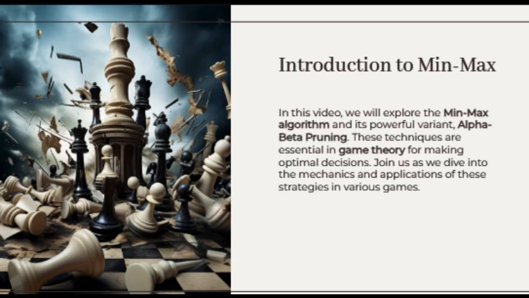So basically max nodes represent our turns, and min nodes represent the opponent's turn, or vice versa. If it's the case of two players, player 1 can be the max node and player 2 can be the min node, and if it's a computer then that.